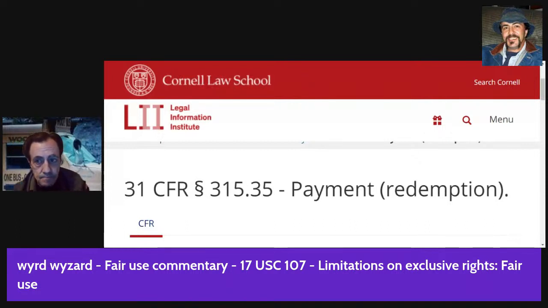The next one is the Federal Register, if I can get it to pull up. Please bear with me.